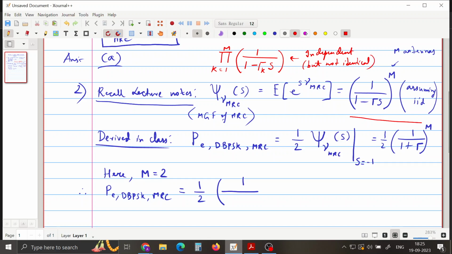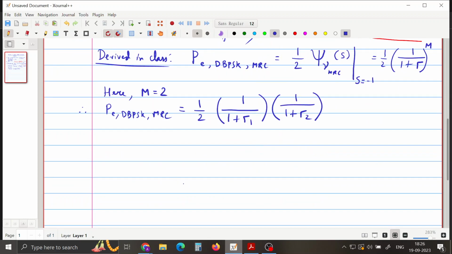So in this case, since gamma 1 and gamma 2 are different, we will take products individually. So first term will be 1 by 1 plus gamma 1, and similarly second term will be 1 by 1 plus gamma 2. That's it. In the identical case, gamma 1 and gamma 2 would have been the same value, let's say gamma, therefore we can take it common and raise it to the power 2.